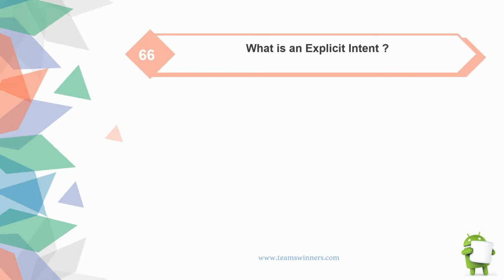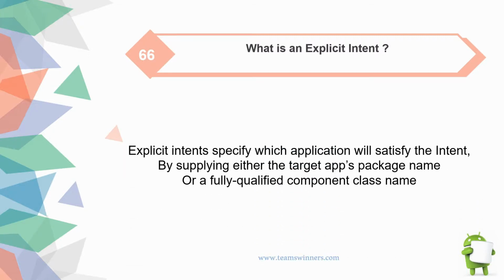What is an explicit intent? An explicit intent specifies which application will satisfy the intent by supplying either the target application's package name or a fully qualified component class name.